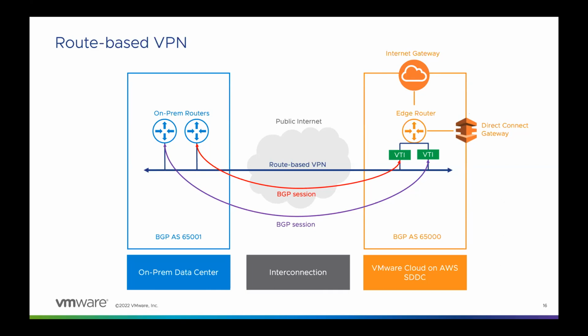The important part about this is that you won't have to manually add new routes every time you want to add a route to the VPN because of that BGP session. Due to the routes automatically being added, route-based VPN is the preferred way for VPN policies, especially when customers have a large number of routes that they want to communicate over VPN.